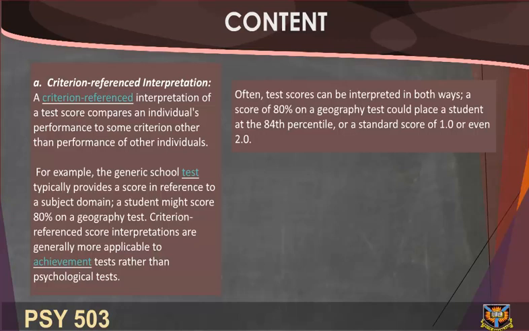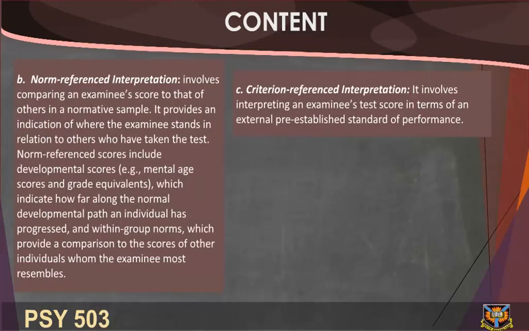B. Norm reference interpretation involves comparing an examinee's score to that of others in a normative sample. It provides an indication of where the examinee stands in relation to others who have taken the test.